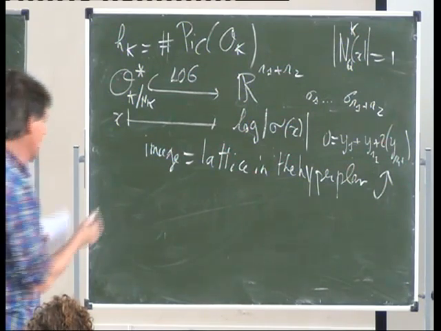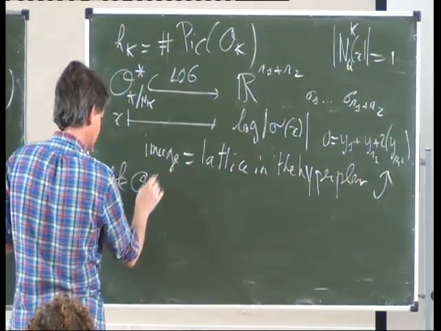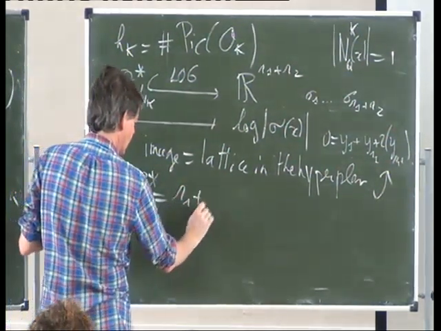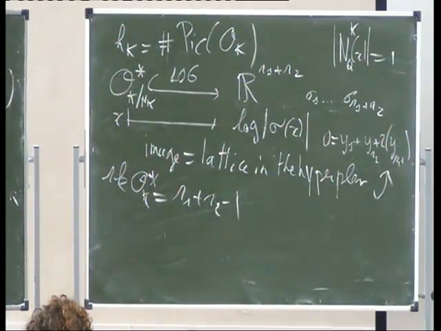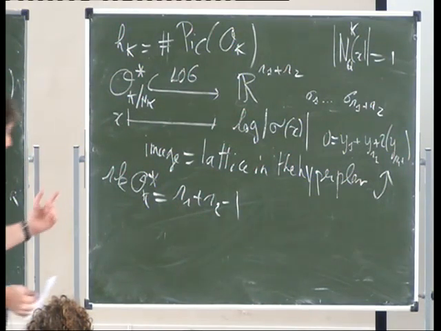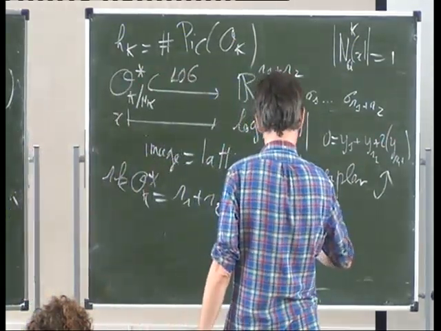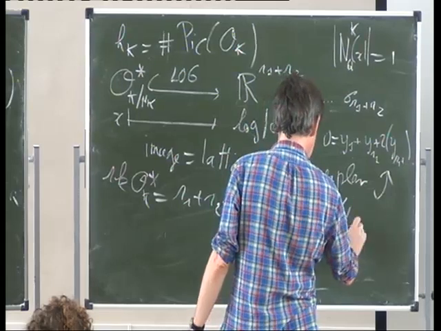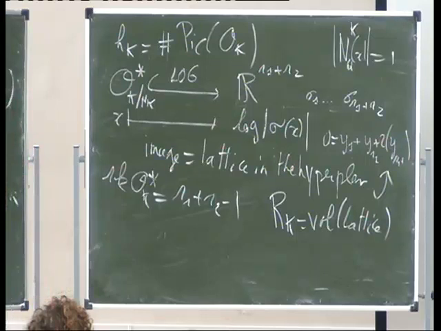In particular, this is Dirichlet's theorem that says that the rank of OK star is R1 plus R2 minus 1. So you need to show the existence of sufficiently many units. So the regulator is just the volume of that lattice. It is something that controls the complexity of units in that field.